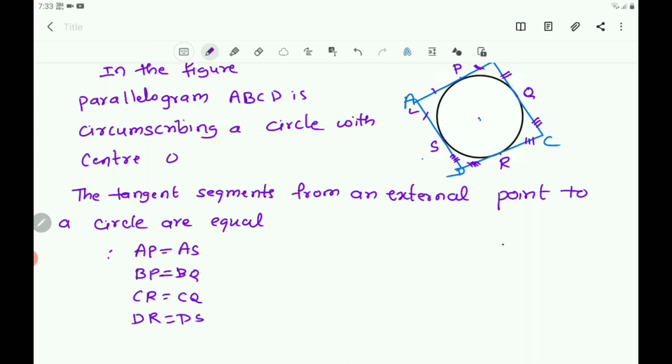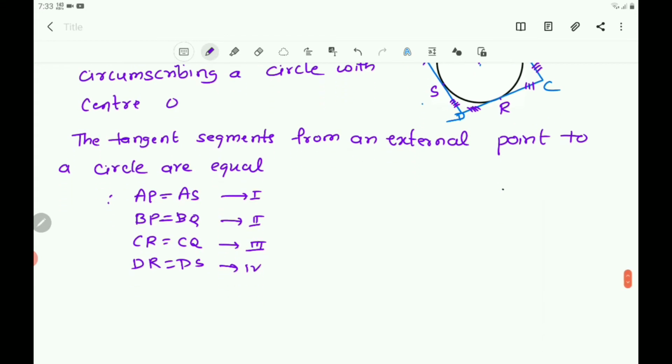So you consider this as first, second, third, fourth, and the reason is taken common in the starting only, that is the tangents from the external point are equal.